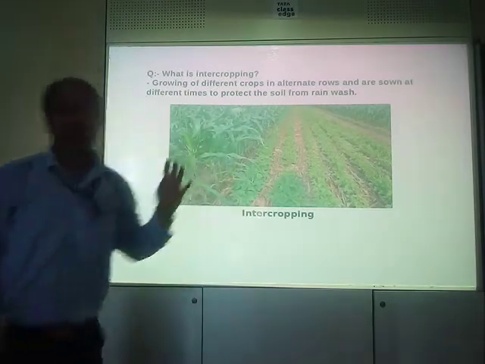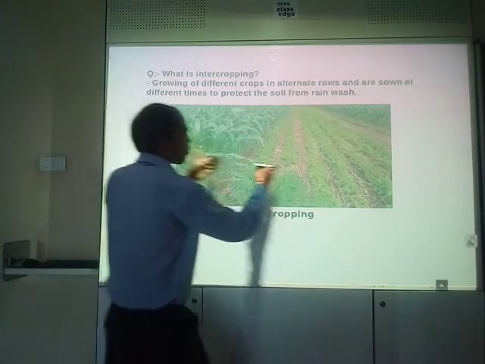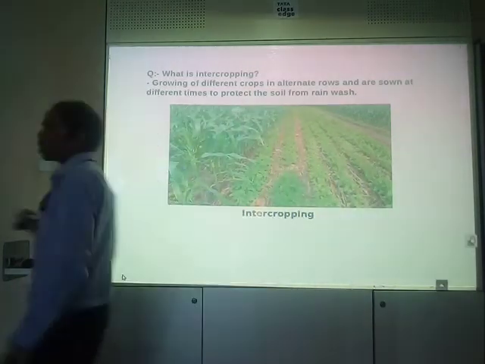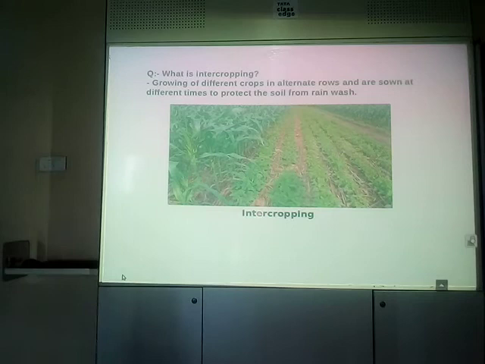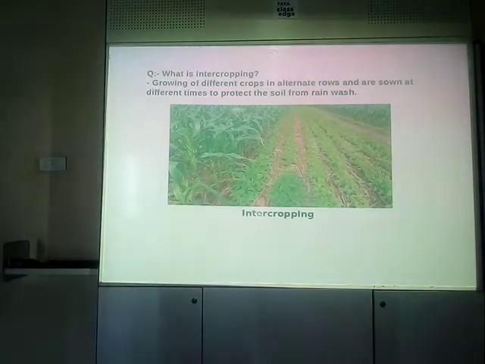A beautiful picture is being given. See, two types of crops or plantations are being grown on the same piece of land, right? So it is a beautiful example of intercropping. Maize is growing and another vegetation is growing. In this way you can protect the top layer of the soil.